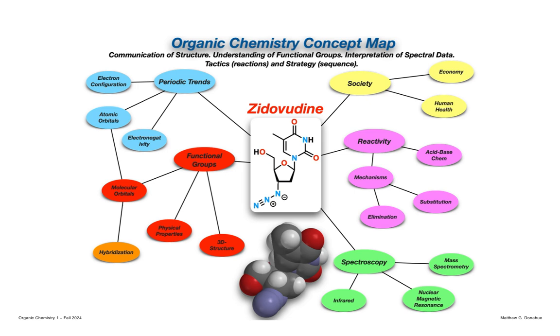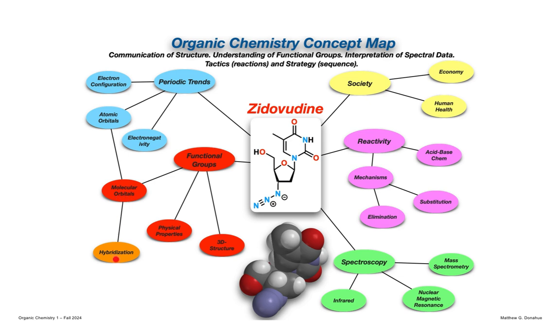So one thing that might be different in organic chemistry versus general chemistry is how we use atomic orbitals to explain functional groups. A functional group is a discrete set of elements and bonding patterns within a molecule. And we have to use the atomic orbitals to form molecular orbitals.